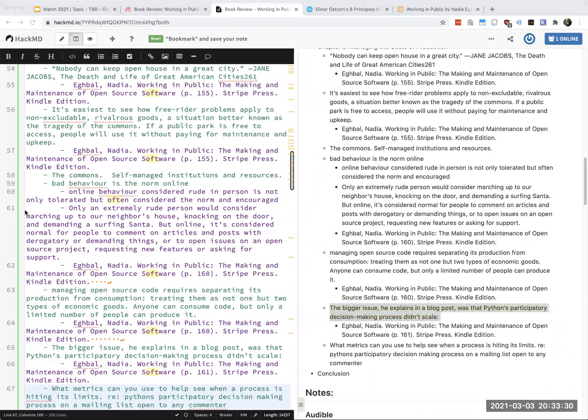Python maintainer Guido van Rossum was maintaining Python until 2018, 27 years. He stepped down primarily from fatigue over one proposal that had so much back and forth in comments that it just didn't work out. It was talking about the participatory decision-making process where decisions on these proposals were open to anybody on two mailing lists.